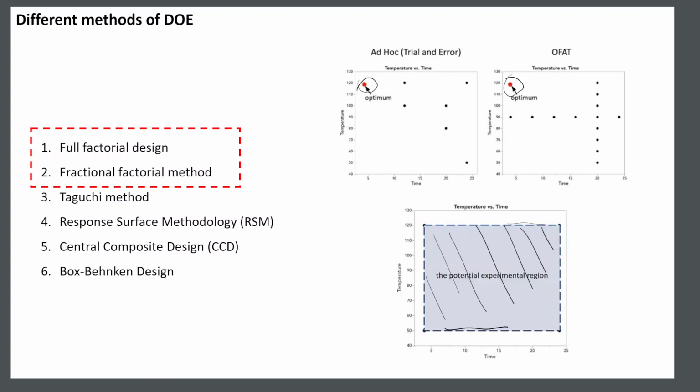As per the discussion in the course, we are only going to discuss two important methods: full factorial design and fractional factorial design. Apart from that, we have the Taguchi method, response surface method, central composite design, and the Box-Behnken design method. But we will limit ourselves to factorial design, and see with examples how we can use them.